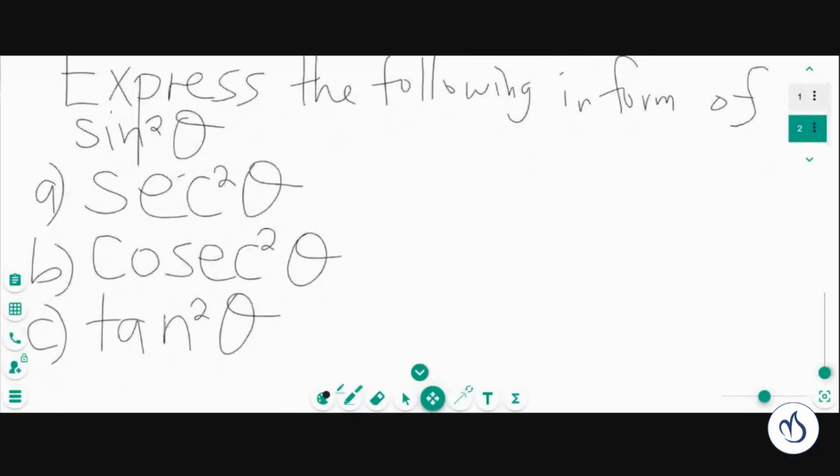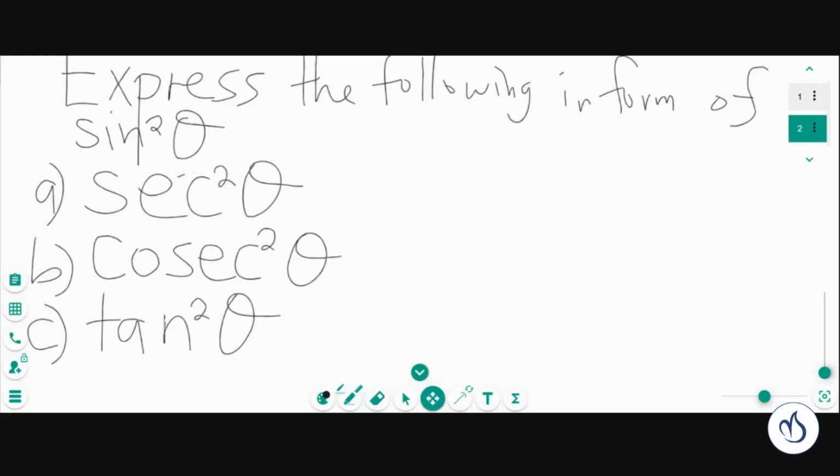That is our simple assignment. In fact, you can do it here and tell me what you are getting. Sec squared theta: when you express it in terms of sine squared theta, what do you get?